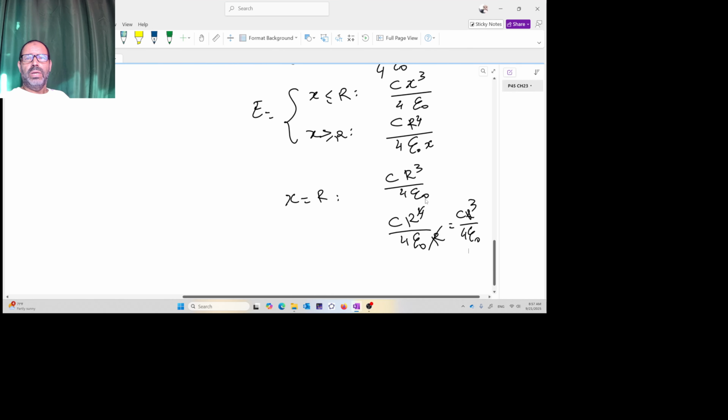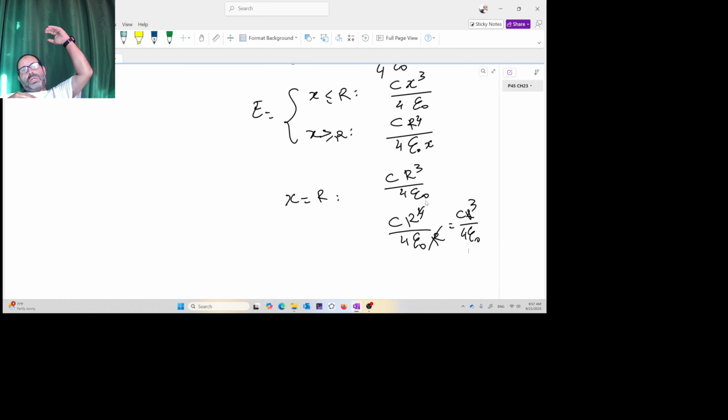The further away, the electric field gets weaker and weaker, and drops like 1 over x. It doesn't really drop like 1 over distance squared because this is a long rod. As I'm moving further and further away, I'm encountering more and more contributions from the faraway edges of the cylinder.